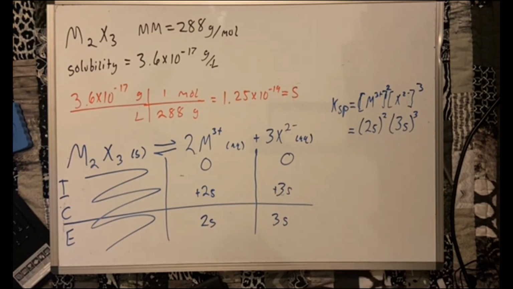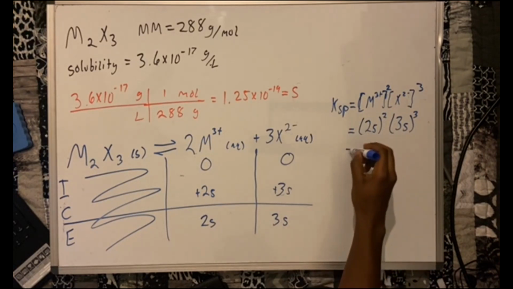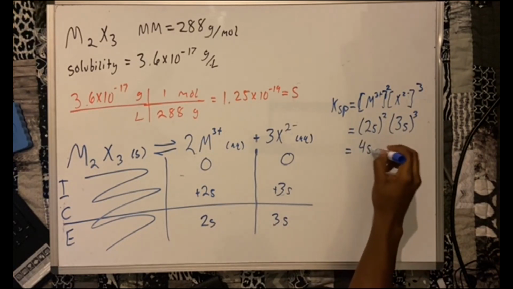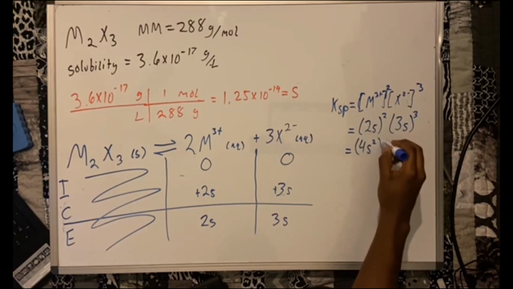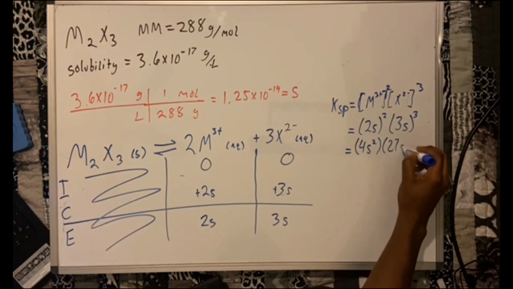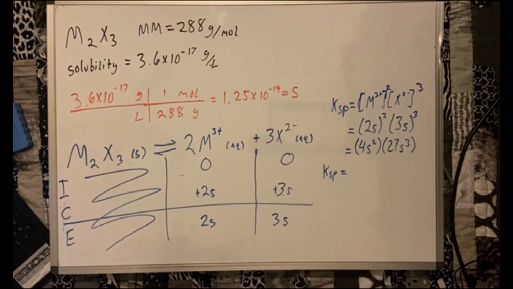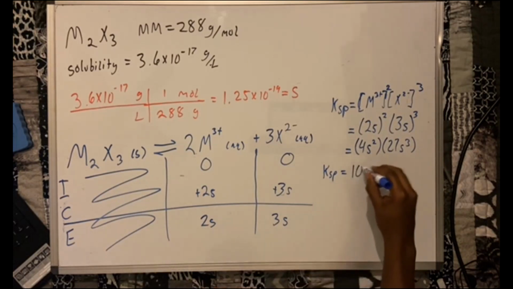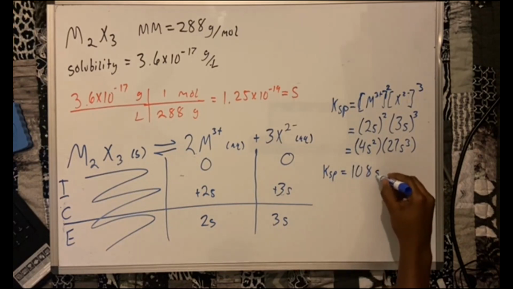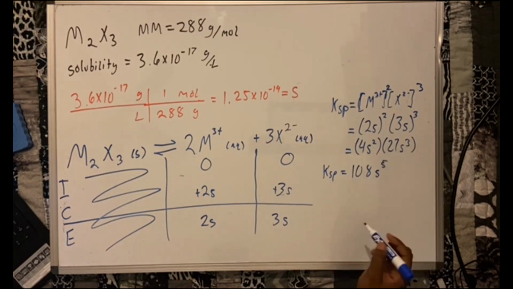Okay, then be careful when you're squaring and cubing things. That's 4s squared, and then 27s cubed. And so Ksp, someone also should be double checking my math, just in case, is 108 s to the 5th.